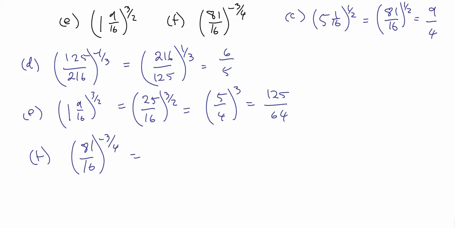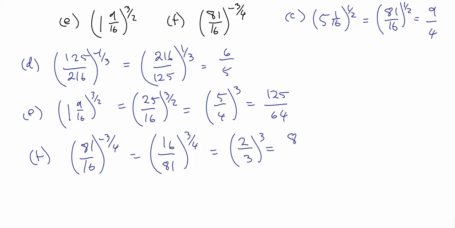And part F, 81 over 16 to the minus 3/4. Again, turn the fraction upside down. 16 over 81 to the power 3/4, and that's the fourth root of 16 over 81, which will make 2 over 3, cubed, is 8 over 27.